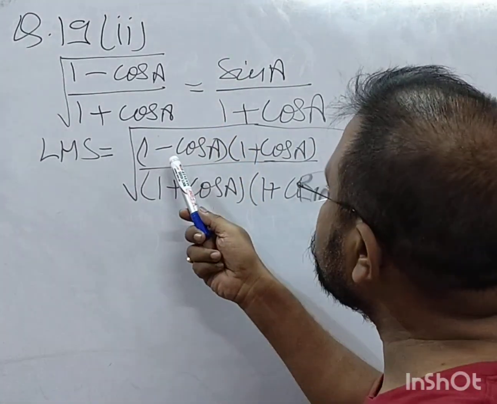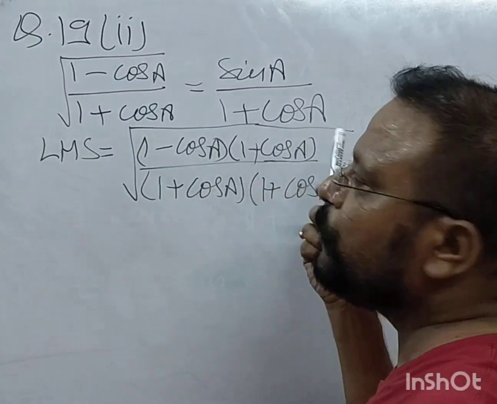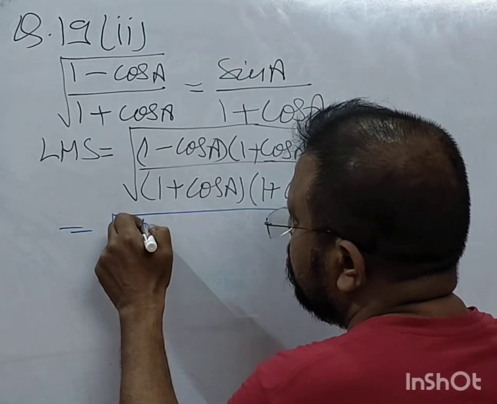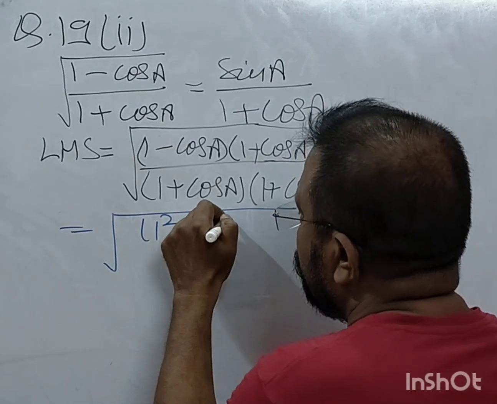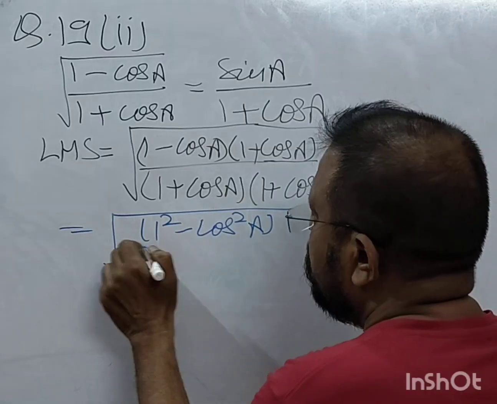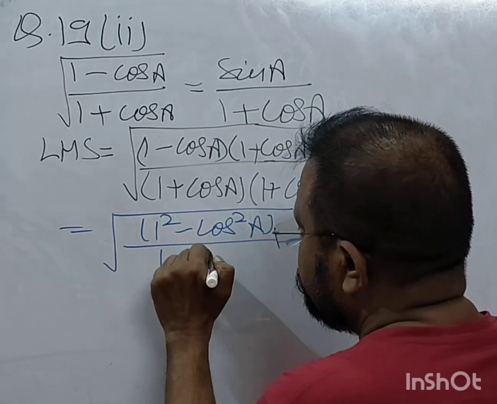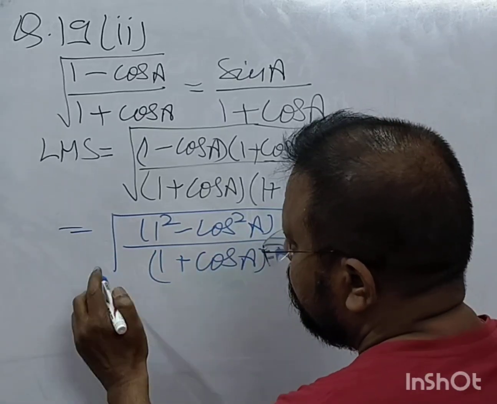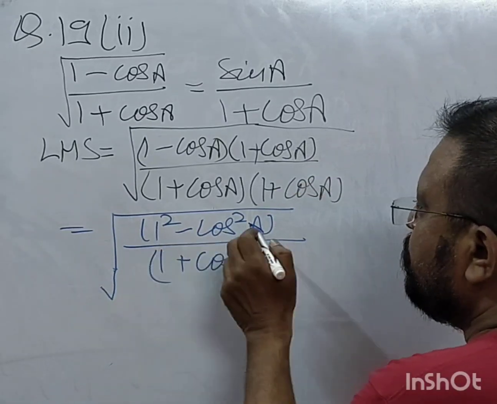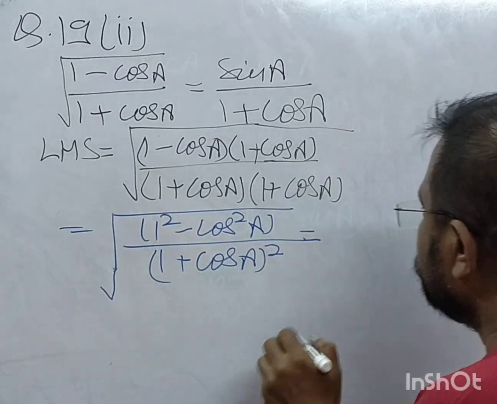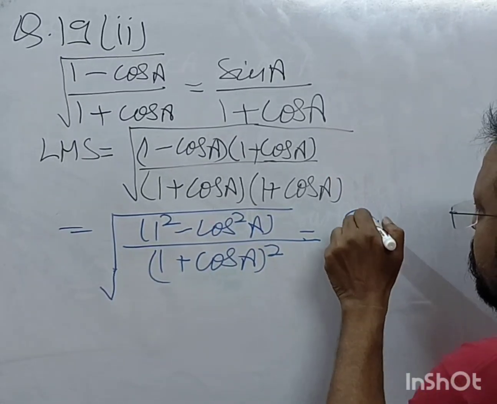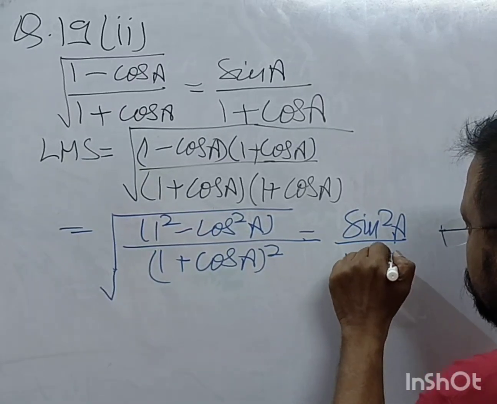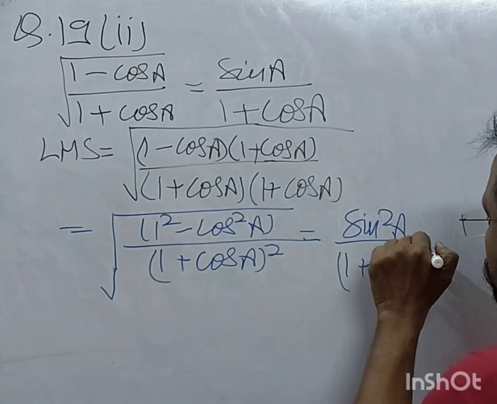So 1 minus cos A into 1 plus cos A becomes root over 1 square minus cos square A upon (1 plus cos A) whole square. Now 1 minus cos square A becomes sin square A upon (1 plus cos A) whole square.